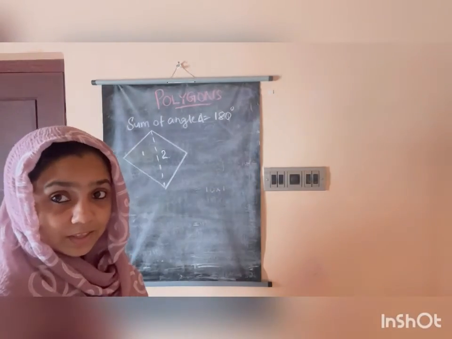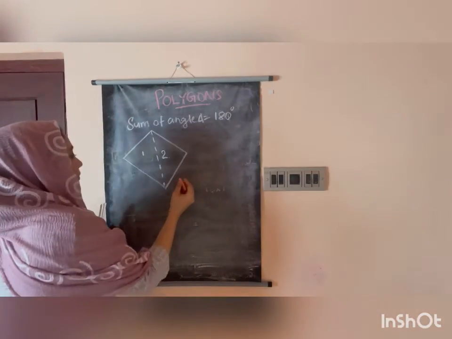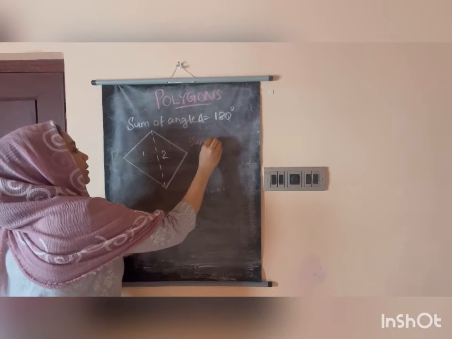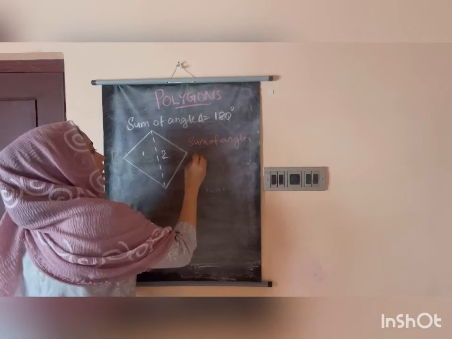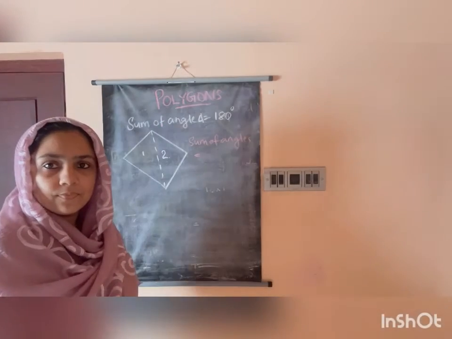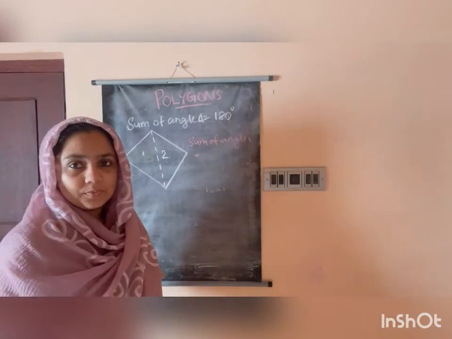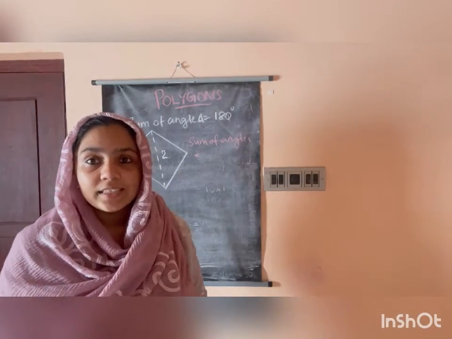Then how can we find the sum of angles? Yes, the sum of angles is equal to... can anybody say? Yes, we can add these two. We know that the sum of angles of a triangle is 180 degrees.